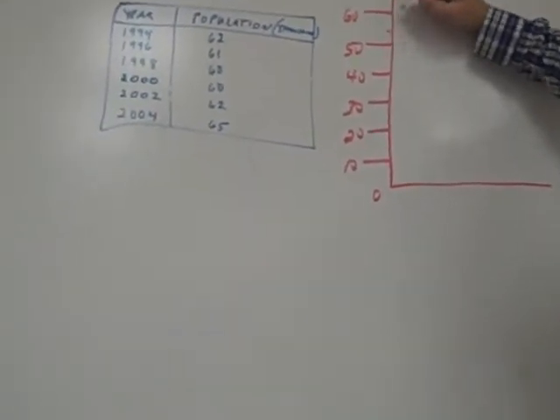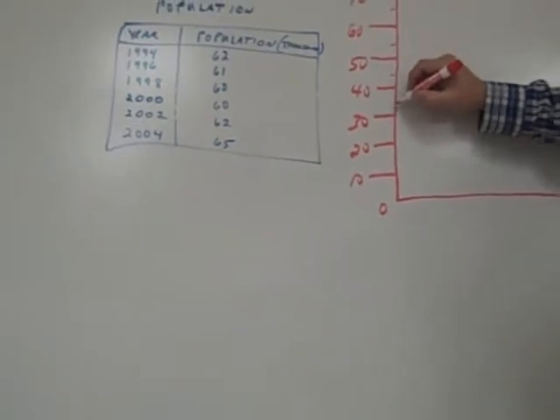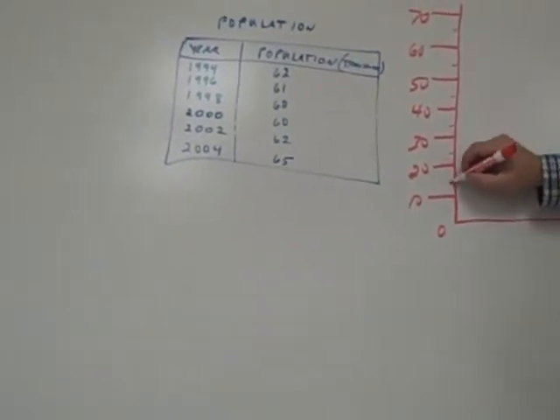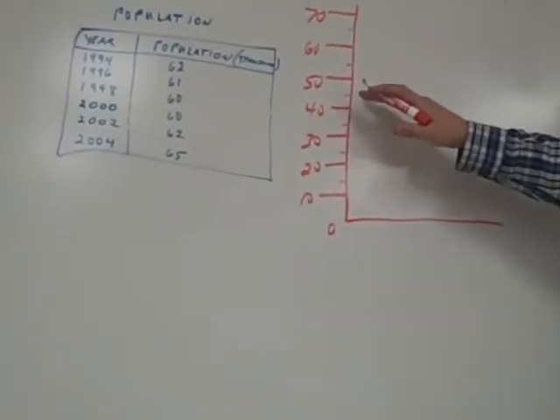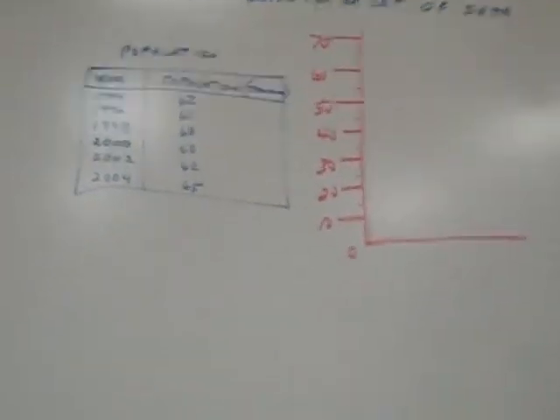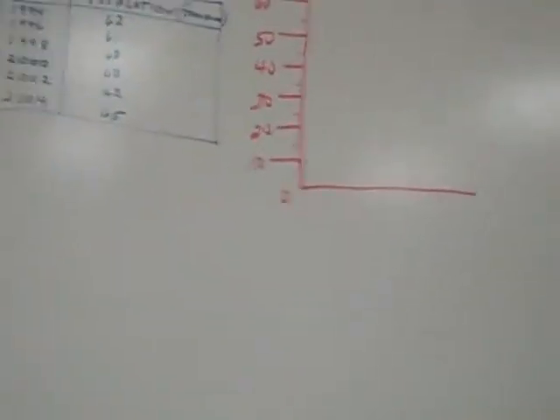Can I come in here and put little half marks maybe sometimes? Yes, sir. What does that represent? Halfway: 45, 50, 55, 60. That may help me a little bit, right?